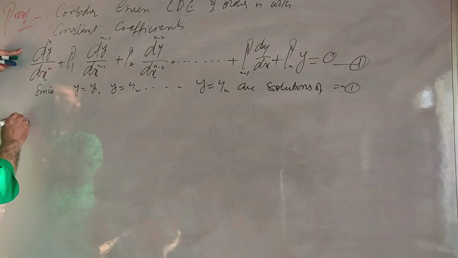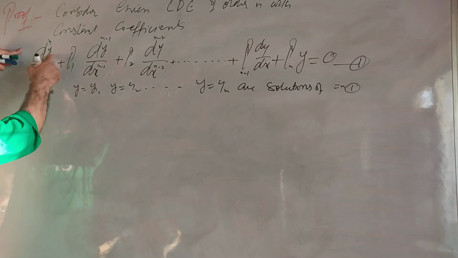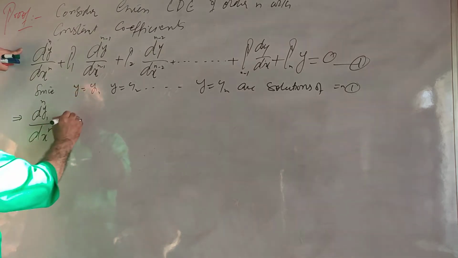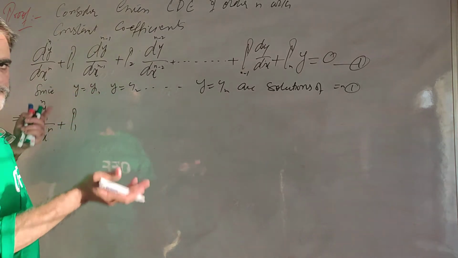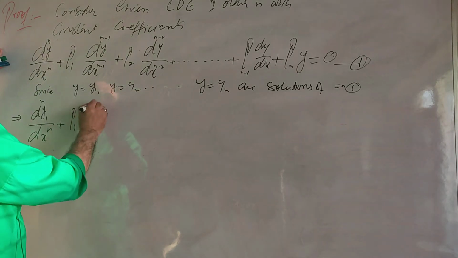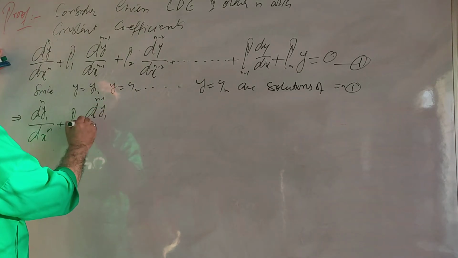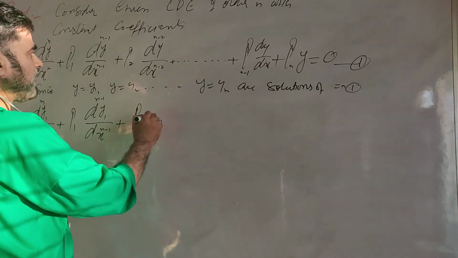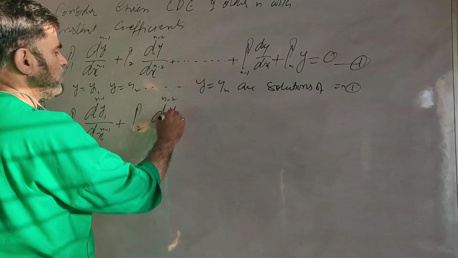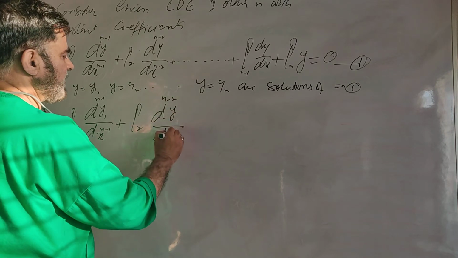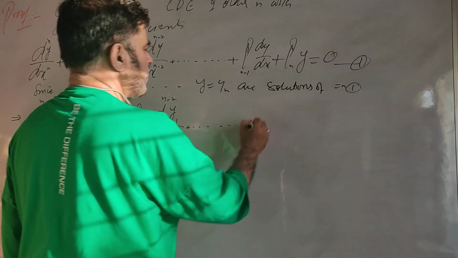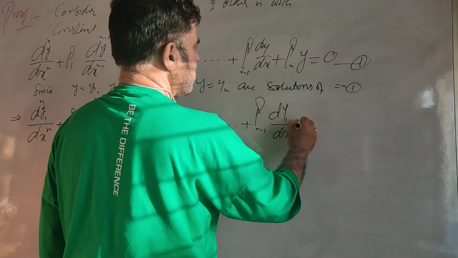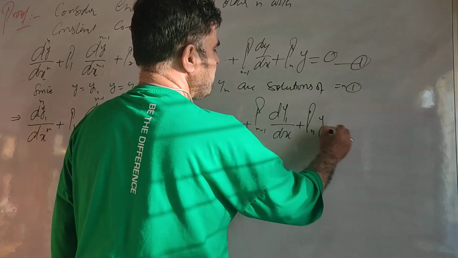This means you have the nth derivative, y replaced by y1, d^n y1/dx^n plus p1 d^(n-1) y1/dx^(n-1) plus p2 d^(n-2) y1/dx^(n-2), so on, p(n-1) dy1/dx plus pn y1 is equal to 0.